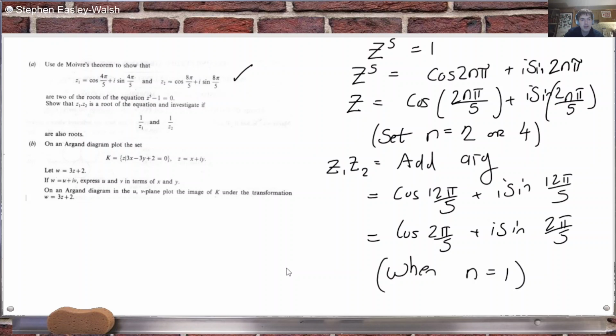Okay. Are they roots? Well, that would be Z1 to the power of minus 1, which would be cos minus 4π over 5 plus i sin minus 4π over 5.